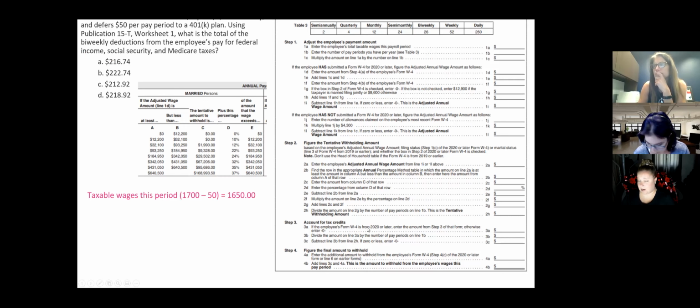So we're taking the taxable wages this period is going to be $1,700 minus the $50 401k deferral. Again, this is when we're calculating federal income tax, not Social Security and Medicare. So our taxable is going to be $1,650.